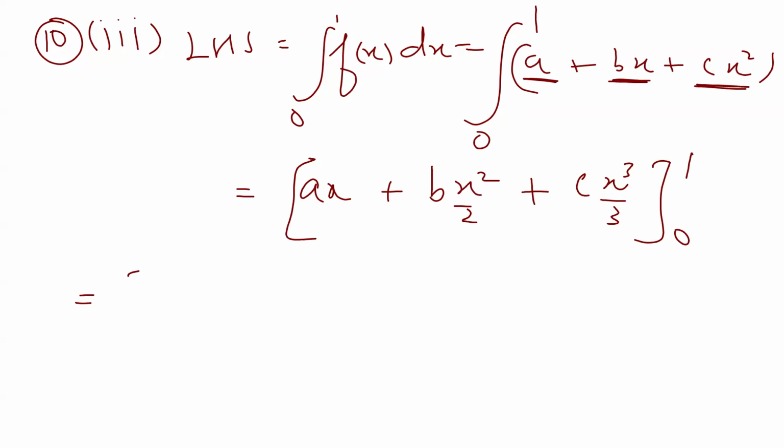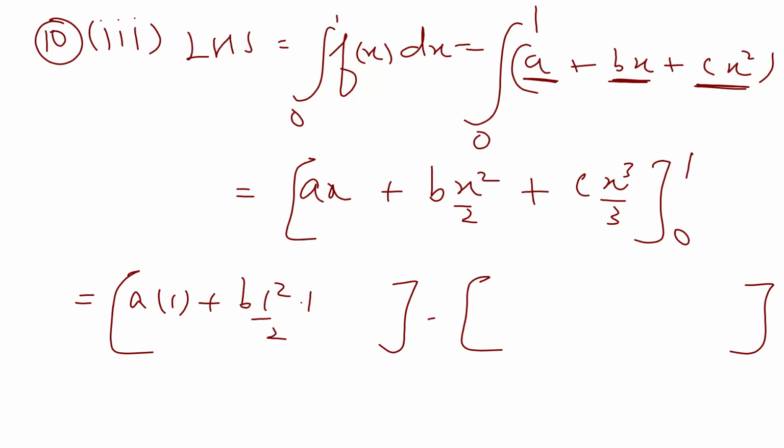Box minus box: a into 1, b into 1 square by 2, c into 1 cube by 3, minus a into 0, b into 0 square by 2, c into 0 cube by 3.